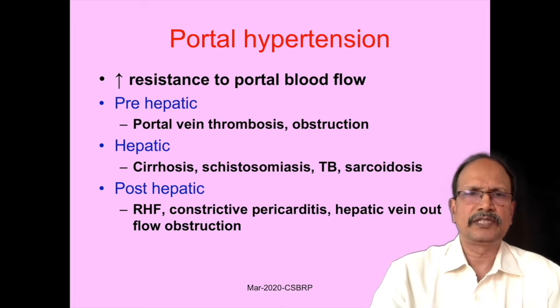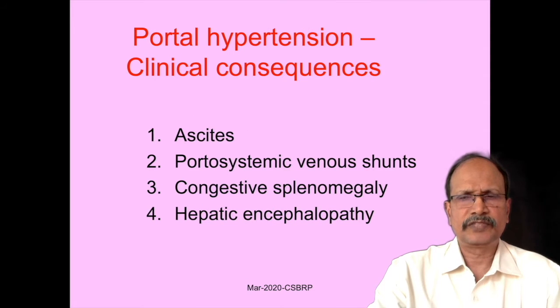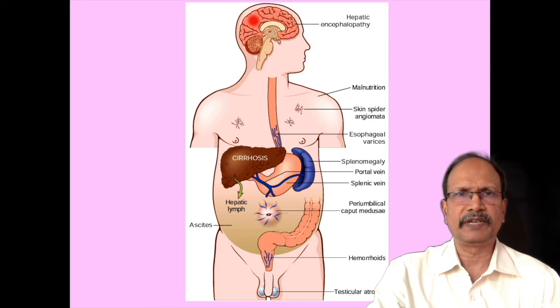Okay, so these are the causes for increased tension within the portal vein. And the clinical consequences of portal hypertension: the patient develops ascites, portosystemic venous shunts may develop, the patient also suffers from an enlarged spleen due to congestion, and hepatic encephalopathy is a late event.